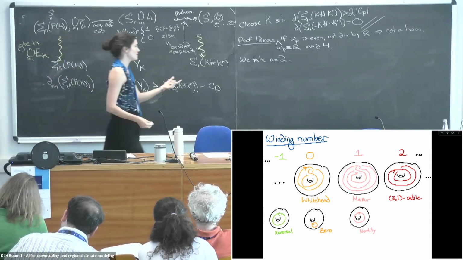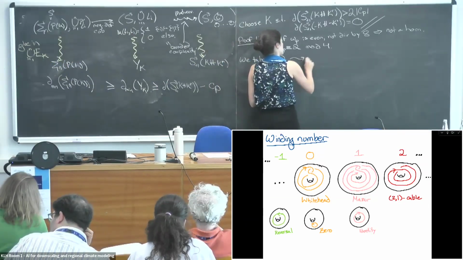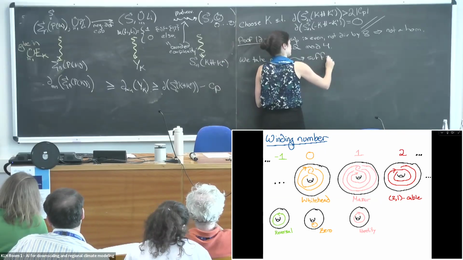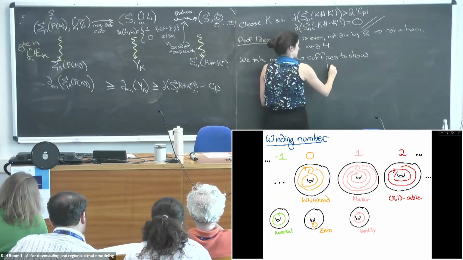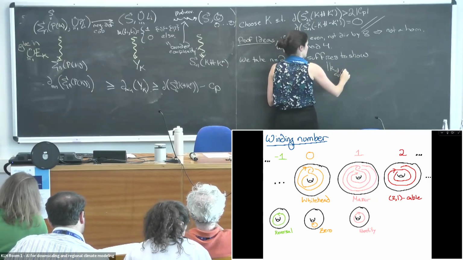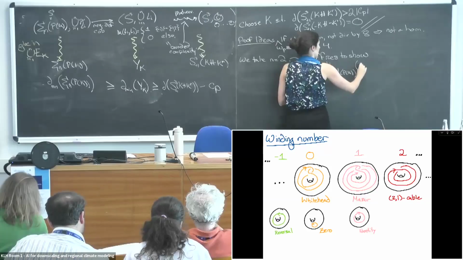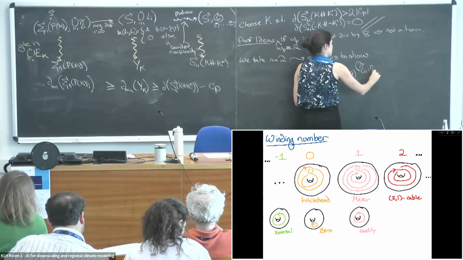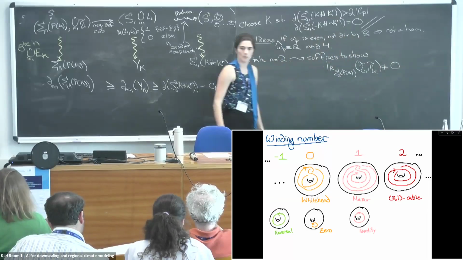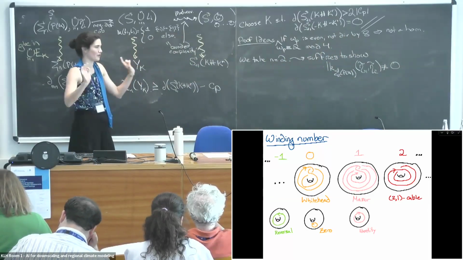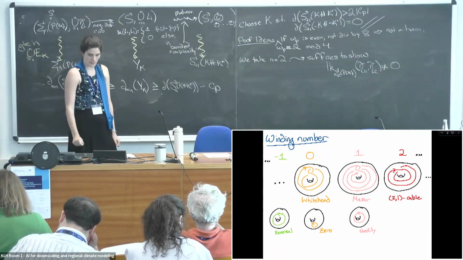So what I want to say is it suffices to show that the linking number in the branched double cover of P(U) of the two different lifts is not 0. That's all you have. You only have to worry about one linking number.